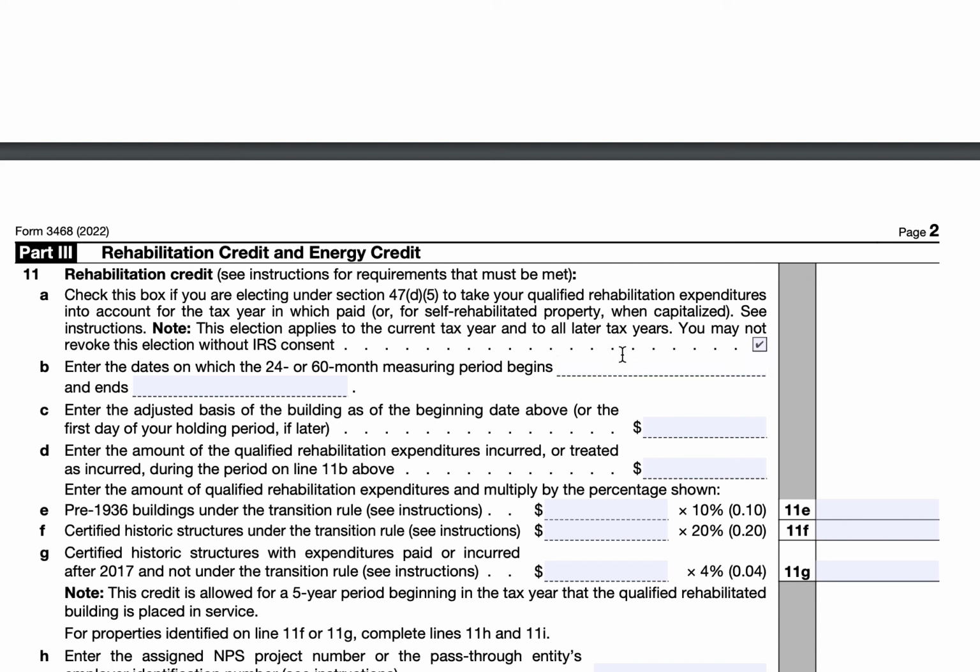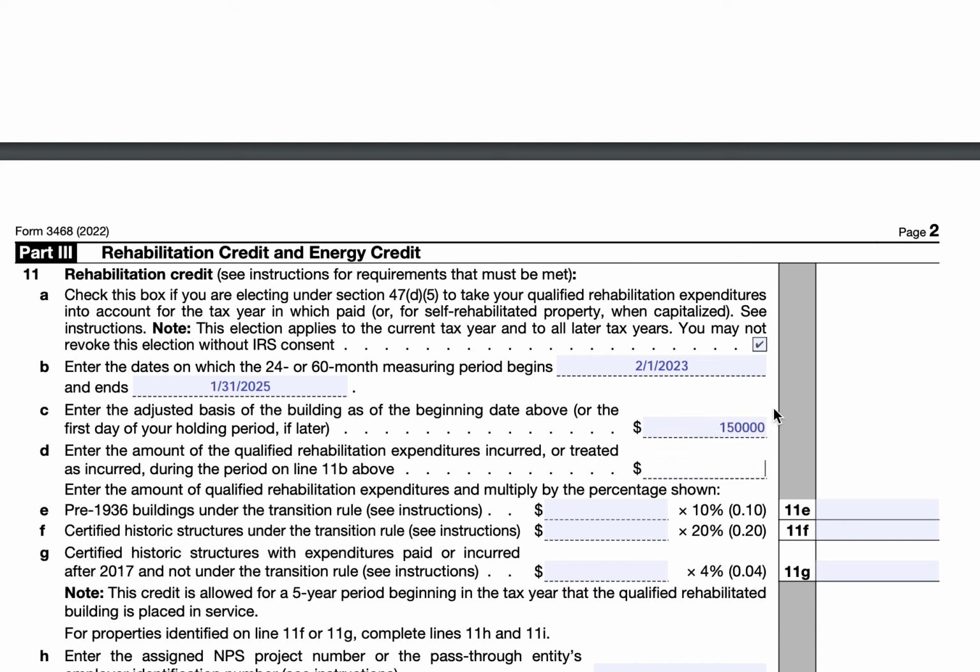So let's just say that we started this project on, and it's a 24-month project. We're going to enter the adjusted basis as of the beginning date.